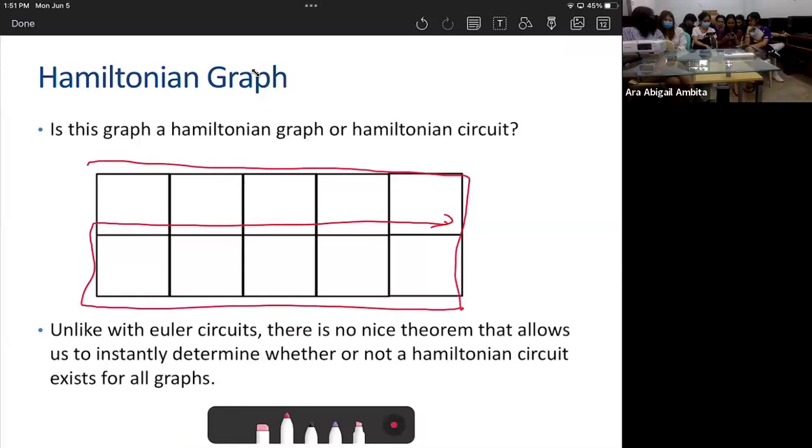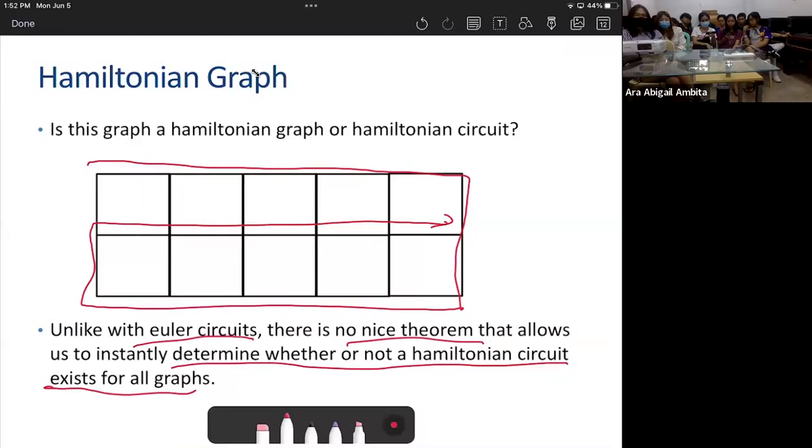But it's not possible to go back to the start. For Hamiltonian graphs, compared to the Euler circuit, we have no theorem to determine whether or not a Hamiltonian circuit exists for all graphs. In Euler earlier, we have an Euler path if at most 2 vertices have odd degree, and a circuit if all degrees are even.